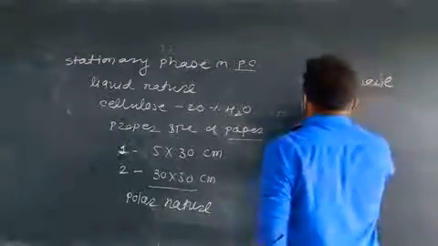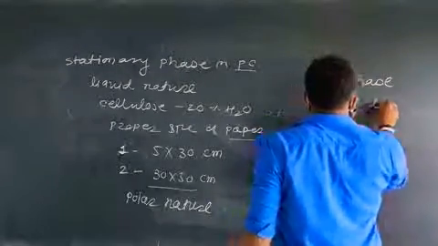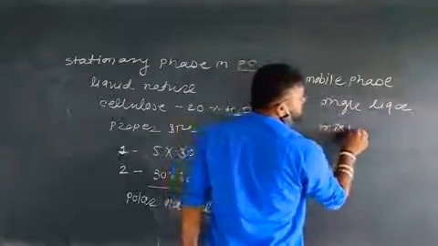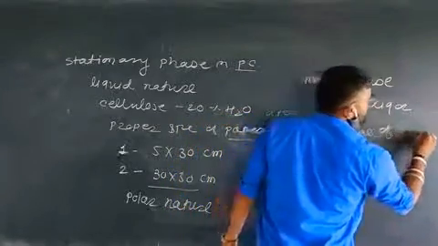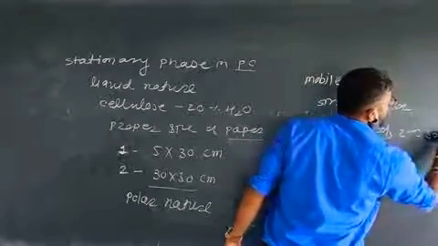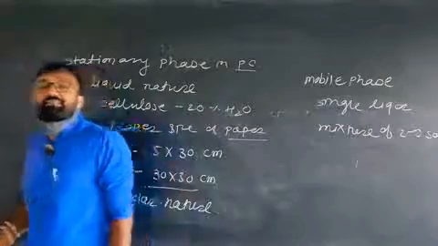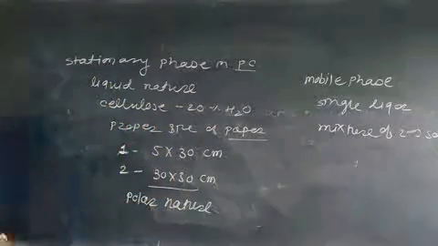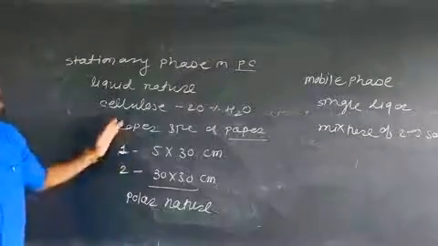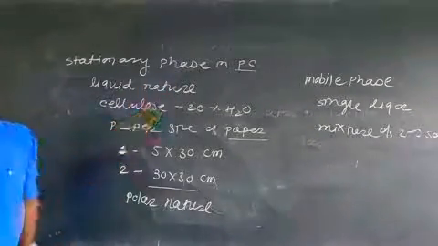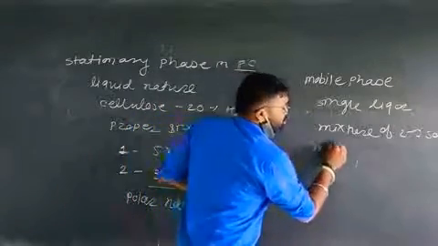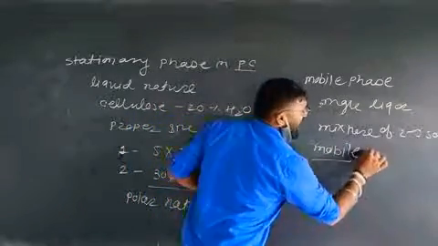Therefore, you can write here a single liquid or a mixture of 2 to 3 solvents, which are less polar than that of water molecule, chosen as a mobile phase in paper chromatography. Right? This solvent or mobile phase should possess some characteristics.